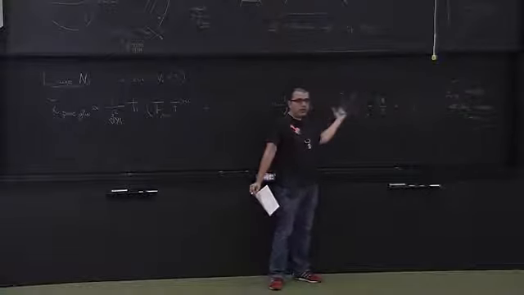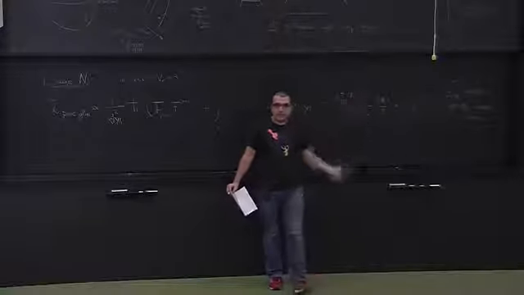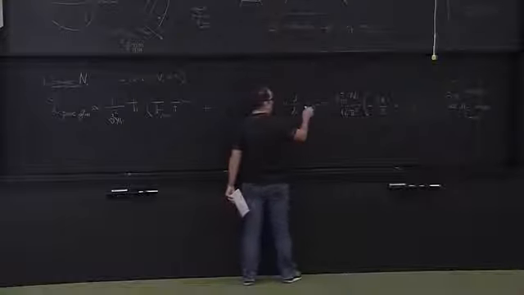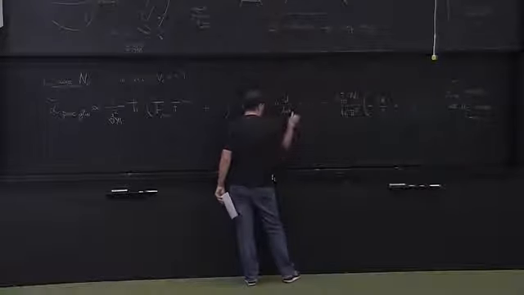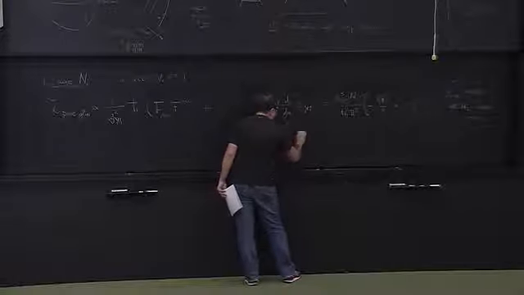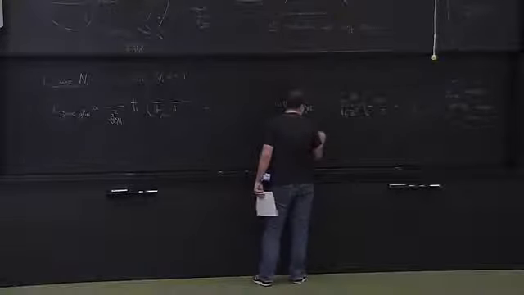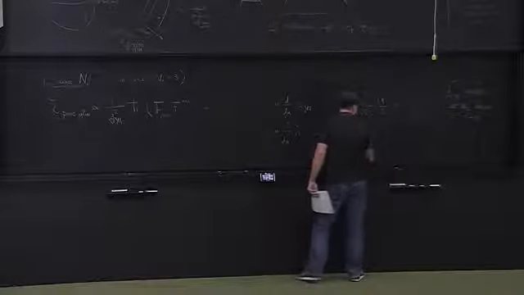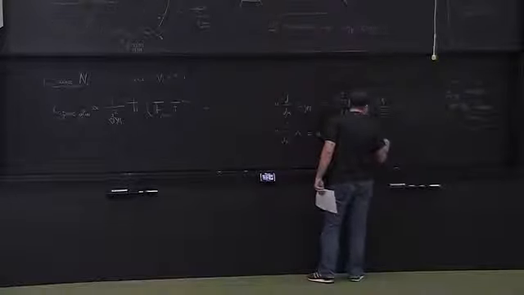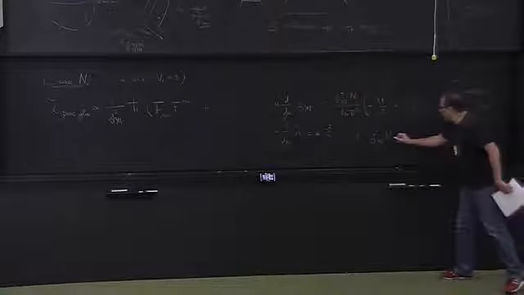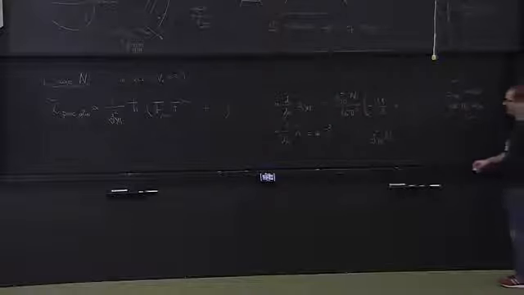Okay? So what combination likes to be kept fixed? Well, that's easy. And indeed, if you multiply this with a small algebra, you really see that you get dλ/dlog μ is equal to some constant times λ squared, where λ is g_YM squared times N. So it's a combination which is called the 't Hooft coupling.